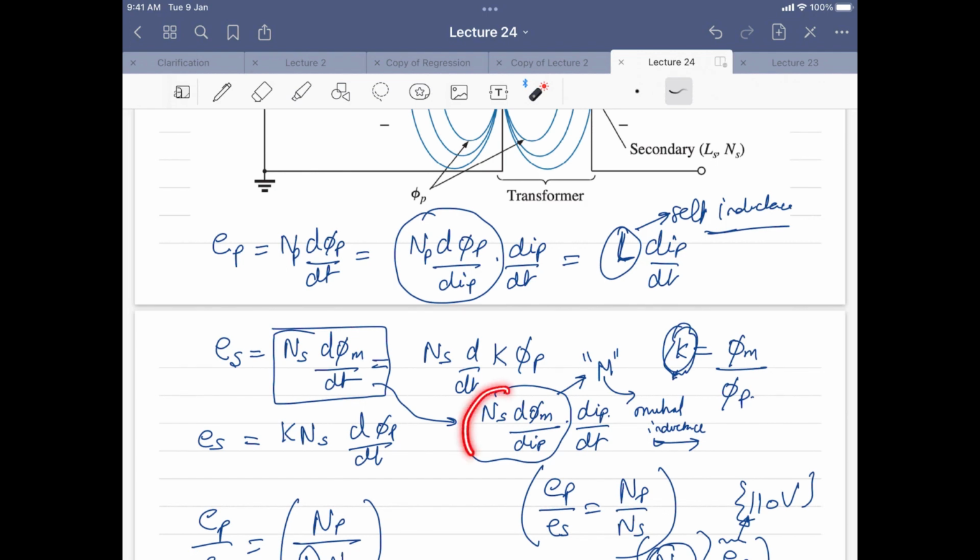So that's why we call it self-inductance if it is the flux linkage related to the inductance itself, which is phi p, and we call it a mutual inductance when we have a mutual flux between the two inductances, which is phi m. Because of that we have the M term coming up.